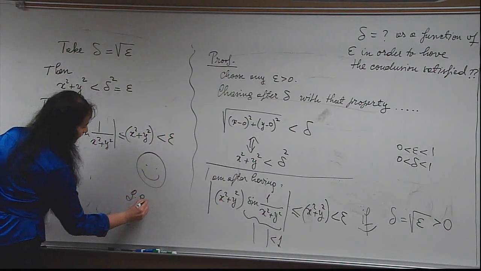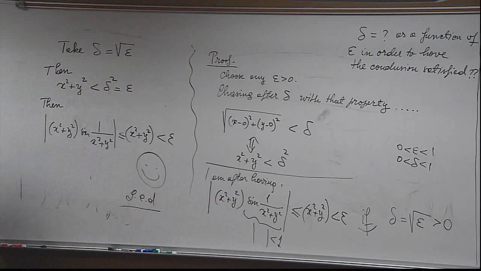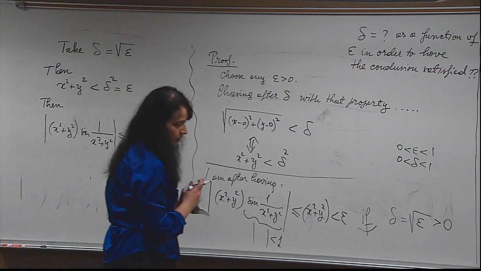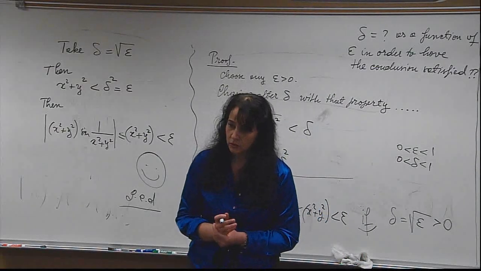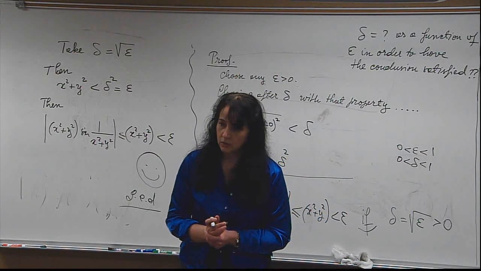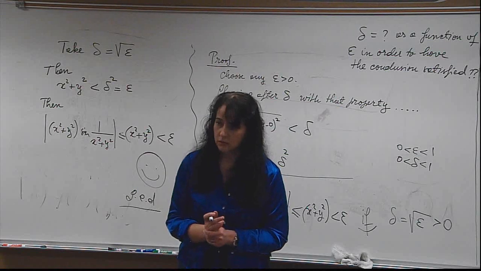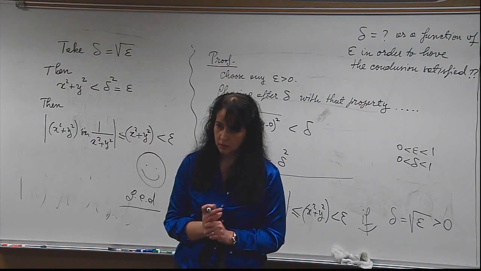QED. But you told us that delta has to be less than epsilon. No, I didn't say that. You said for all values of epsilon greater than 0, there's a value of delta greater than 0 that depends on epsilon, such that as soon as the distance is less than delta.